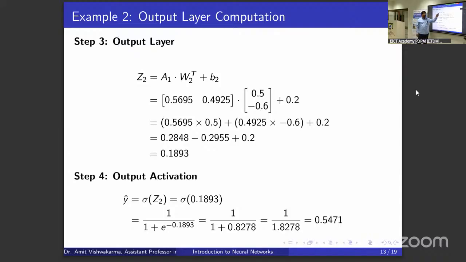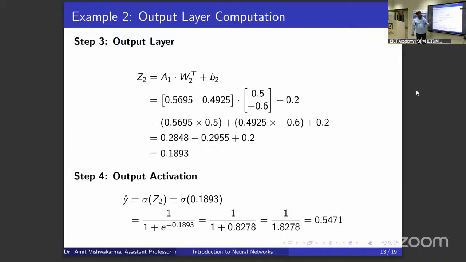A1 is already computed in the previous slide. W2 transpose, again I am just using some random values, 0.5 and 0.6. The transpose version is this, and then B2 is 0.2.